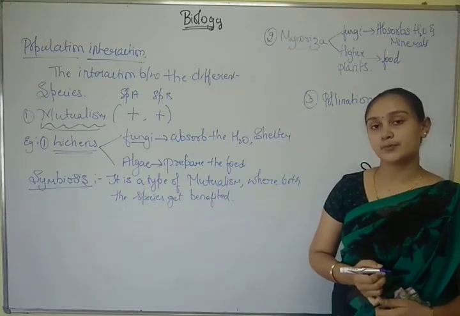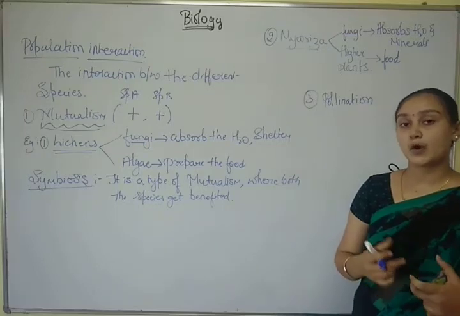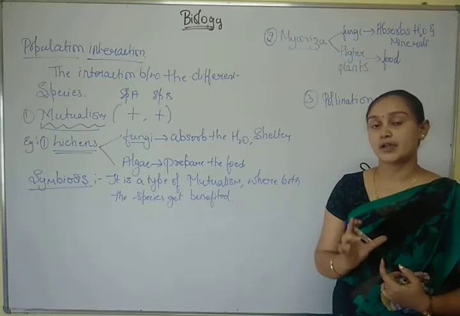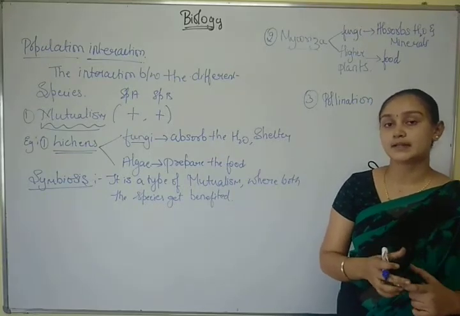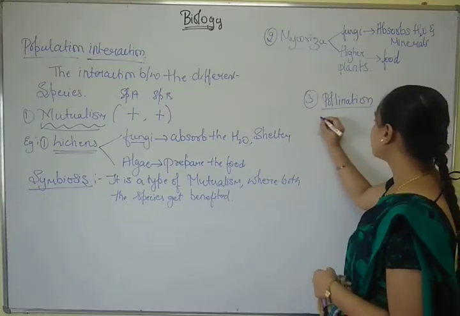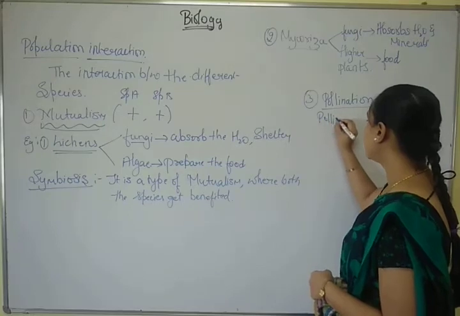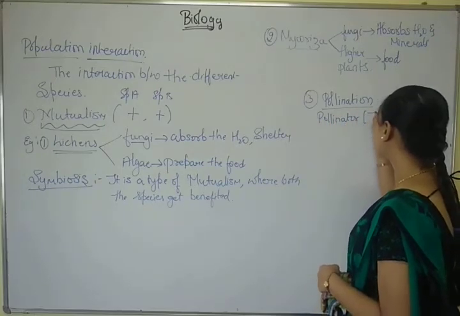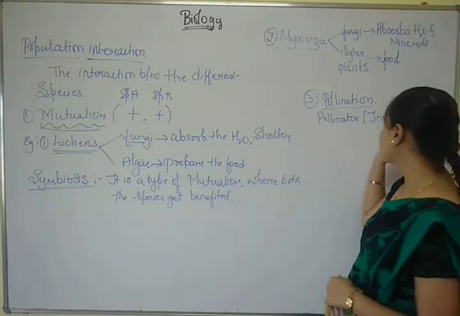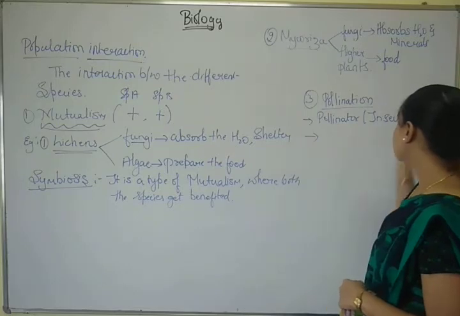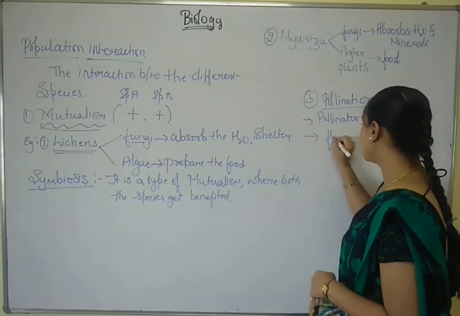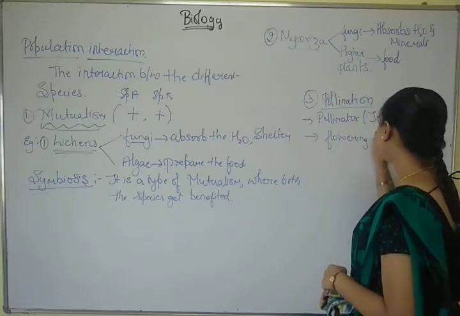Pollination is carried out by pollinators. Agents like insects, animals and rain water help in pollination, so they are called pollinators. In pollination, let's take the pollinator as insects, and let's take a flowering plant.